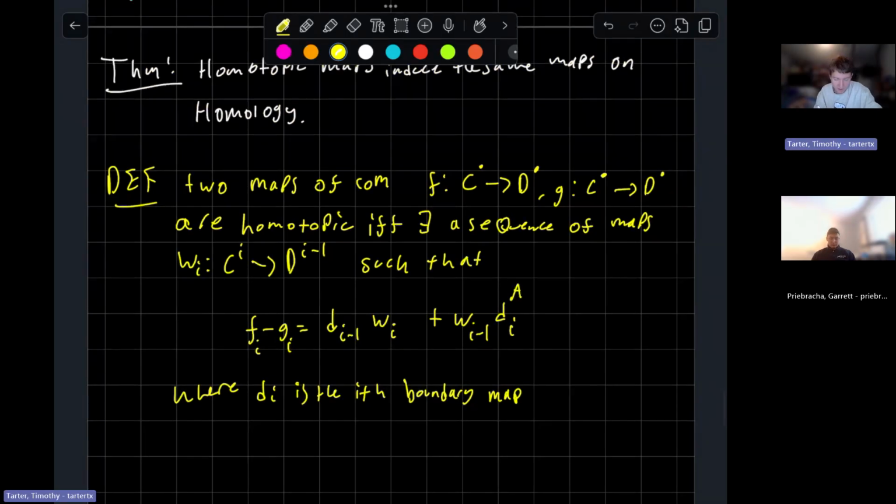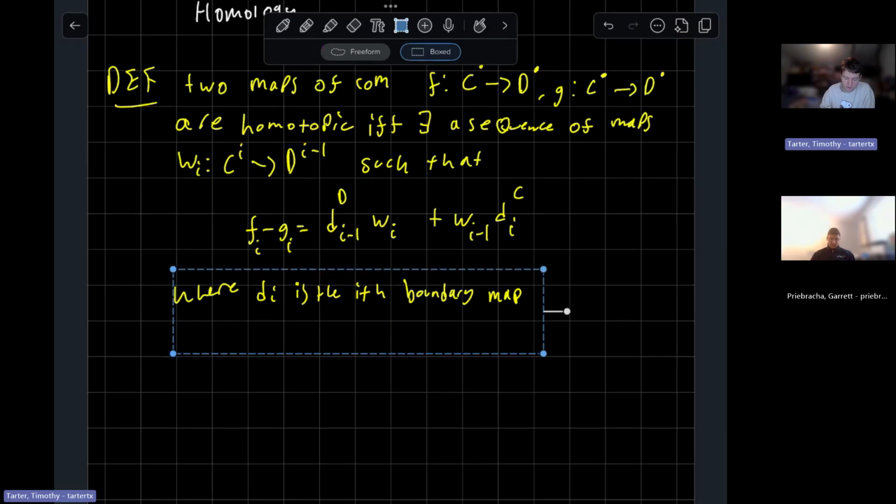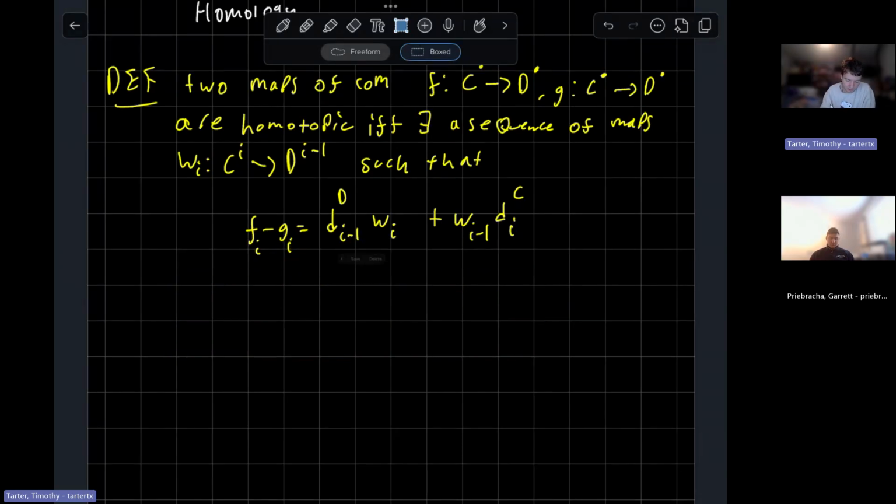This is the A ith map. And this is the B. No, sorry, this is the C ith boundary map, and this is the D ith boundary map. So this is the I minus 1th boundary map.